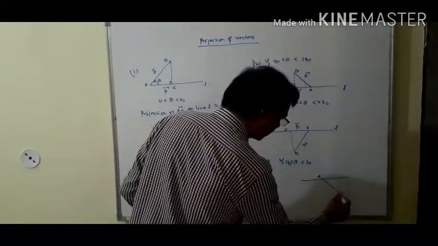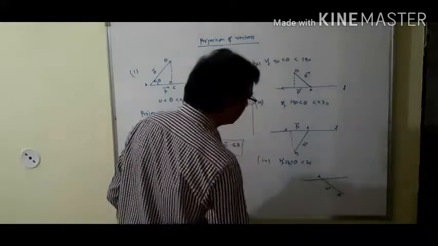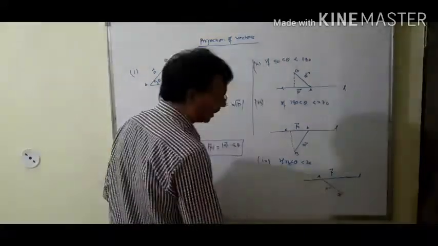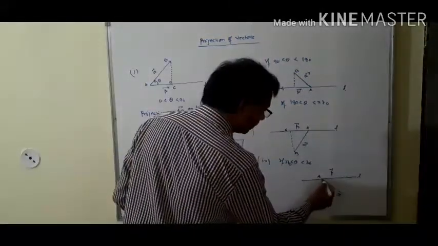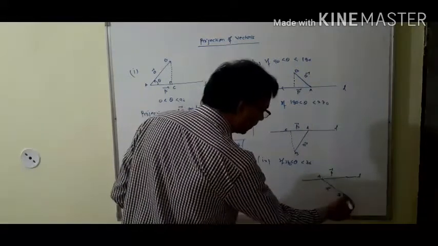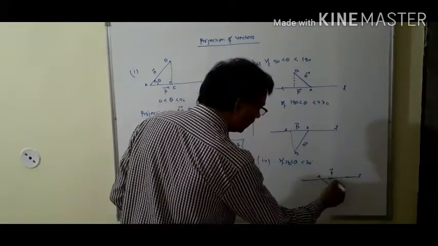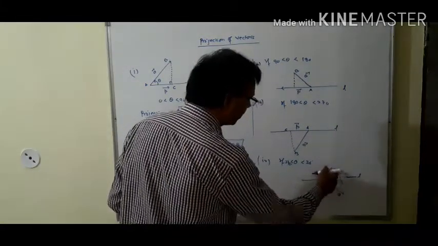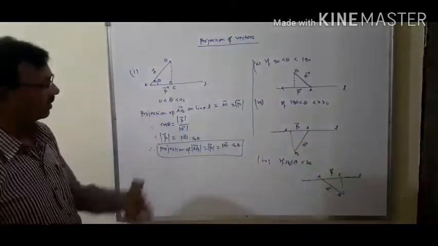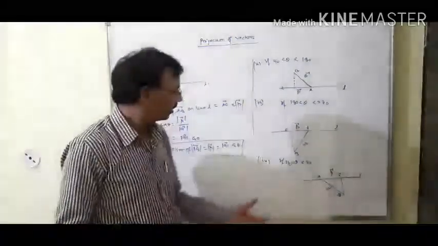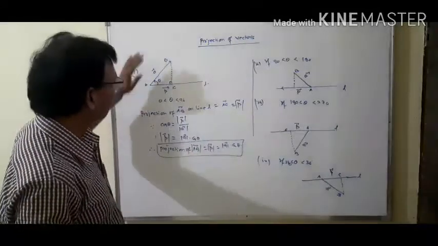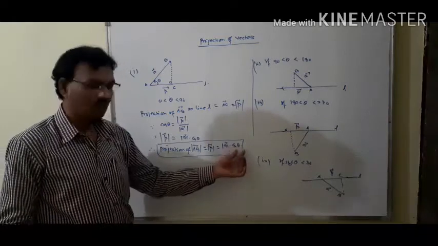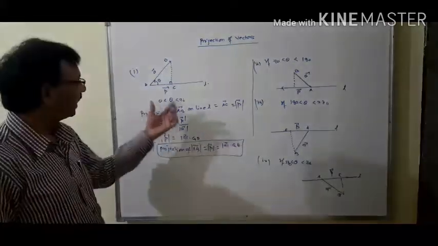This is vector AB, denoted by A. This is the line L, and this is the vector P. So in this situation, projection of AB will be denoted by AC, and this will also be equal to vector P. In all four situations, we can say that projection of AB on line L is equal to magnitude A into cos theta, that means magnitude AB cos theta.